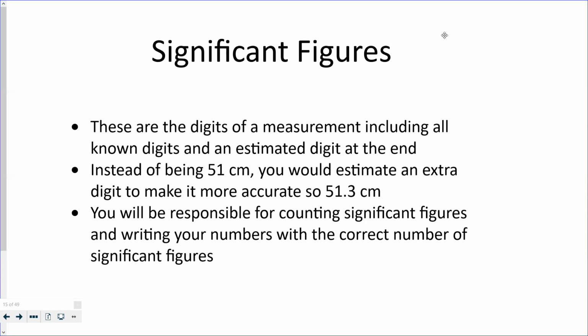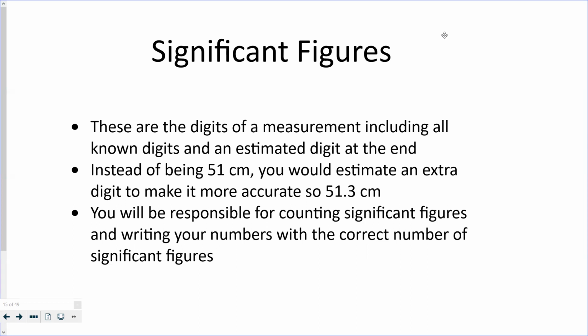Whenever we're doing math, this also gives us a clue of where we should round to. With significant figures, these are the digits of a measurement, including all known digits and an estimated digit at the end. A lot of times we will use this when we're measuring.